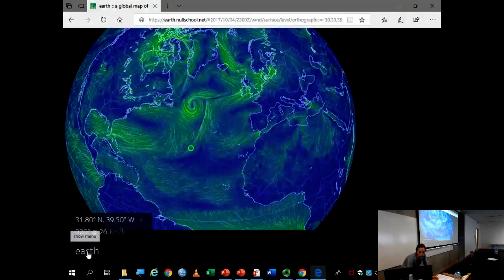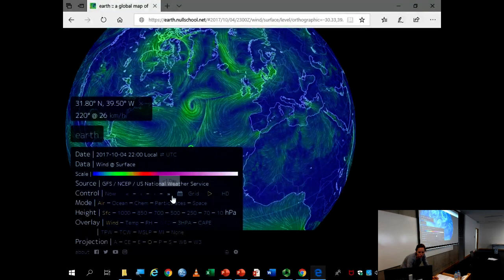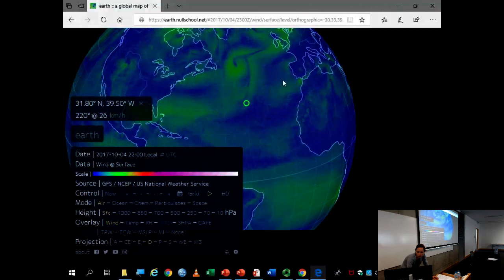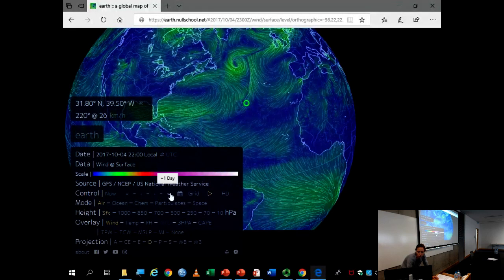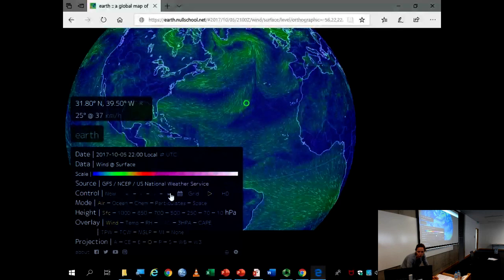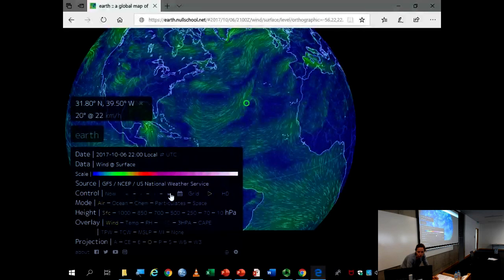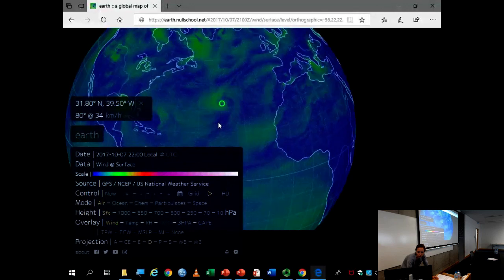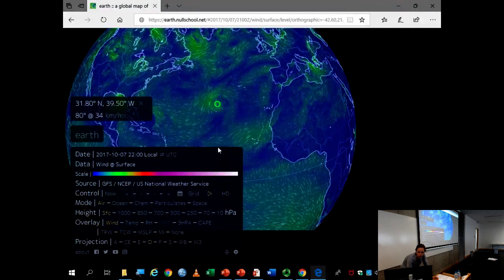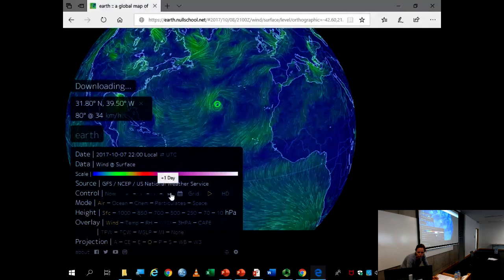You can move here with these little arrows, you can go forward day by day, you can look at all sorts of things. I'm just going to look forward and we're going to see when Ophelia occurs. So that's the 5th, 6th, 7th, okay, there it is. You can start to see Ophelia forming there.